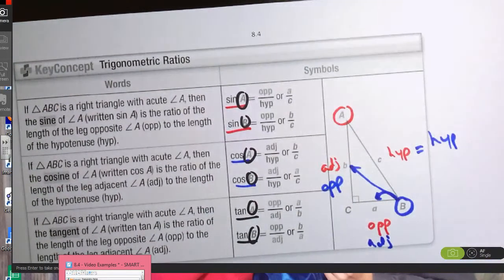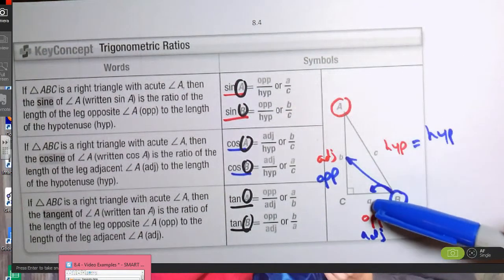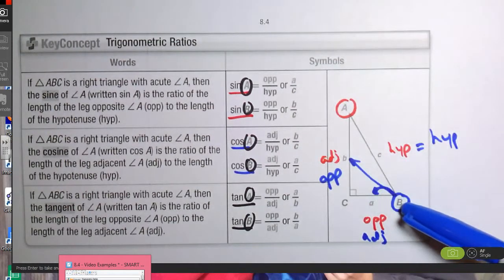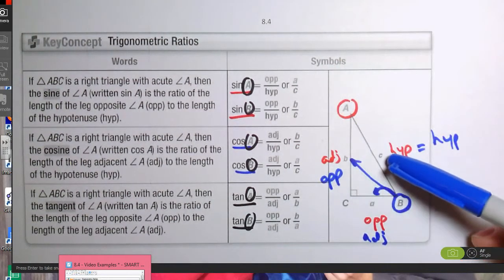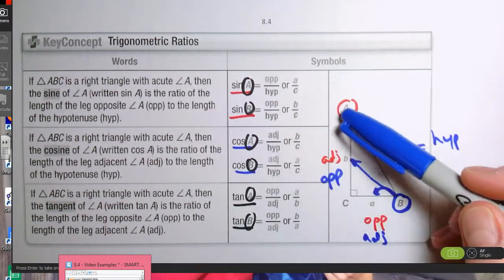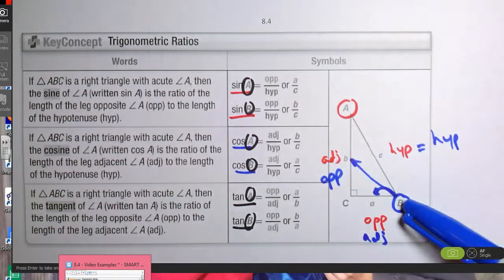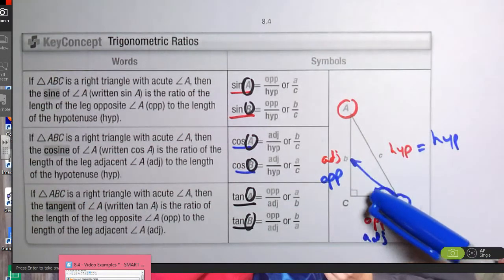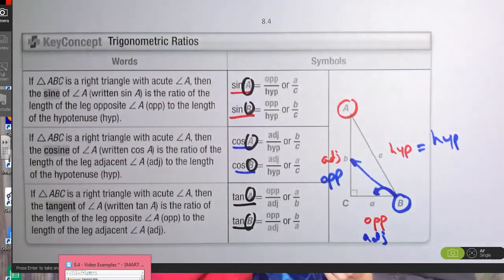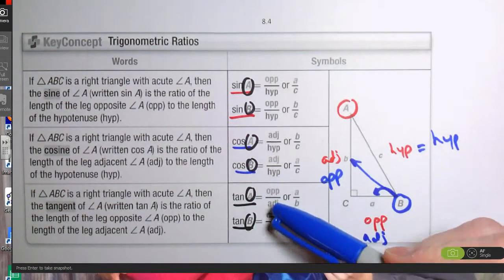And that's why for these trig ratios here, the sine of angle A is the opposite over hypotenuse. Well, the opposite of angle A is side A, hypotenuse is C, so A over C. But for the sine of angle B, the opposite is side B, the hypotenuse is C, so it's B over C. Cosine is adjacent over hypotenuse, so for angle A, the adjacent is B, the hypotenuse is C, so B over C. For angle B, the adjacent is A, and the hypotenuse is C, so the cosine of angle B is A over C. And then the last one is tangent, which is opposite over adjacent.